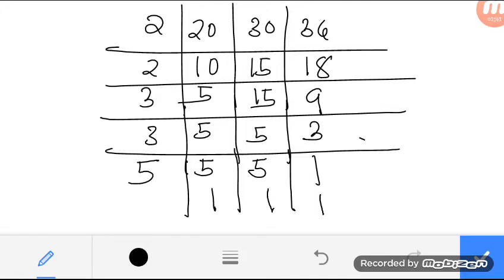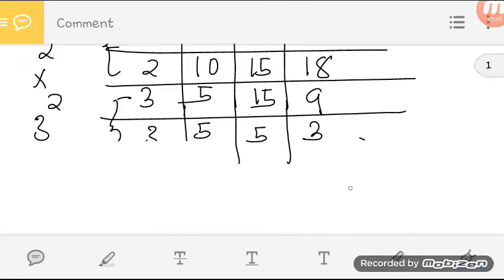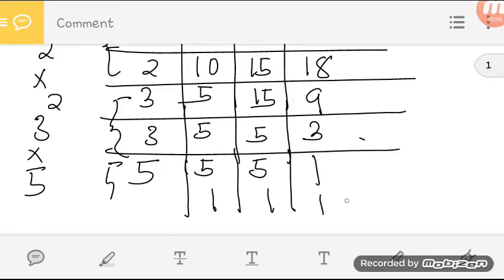So to get the lowest common multiple, we get 2 raised to power 2 times 3 raised to power 2 times 5. That is this 2 here, 2 raised to power 2, this 3 here, 3 raised to power 2, and here times 5. So we multiply these: 4 times 9 times 5.